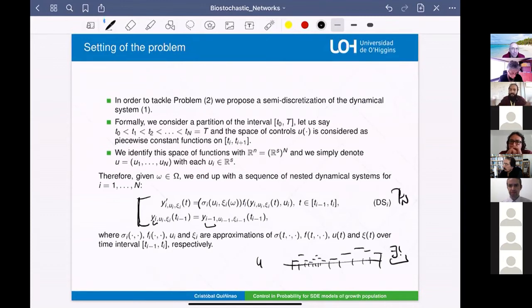So you let the system talk to you. You do not choose in what time you're going to control. The solution of the dynamical system is going to tell you which is the better time to control the system, and which is the size of the U that does this control.